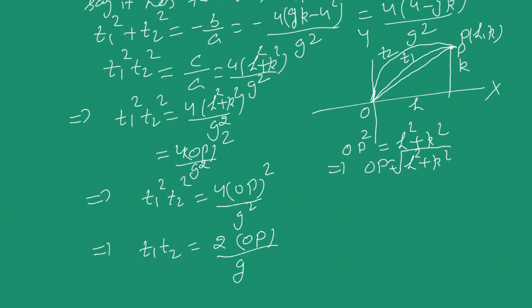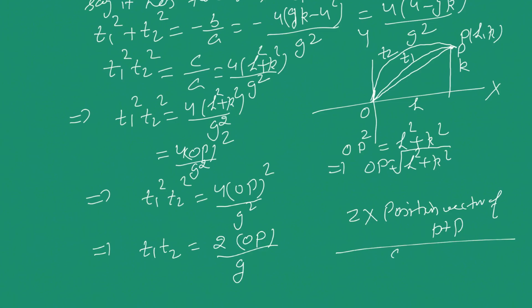Therefore, the product of the two times of flight should be equal to 2 times the position vector of point P divided by the value of g. So that product t1 t2 should be equal to this. So if one time of flight is known, then from this relation the other time of flight can be known.